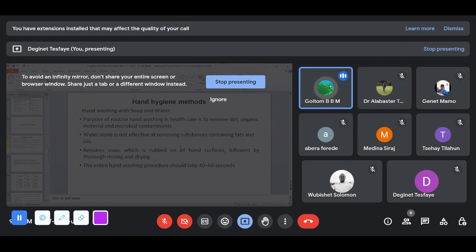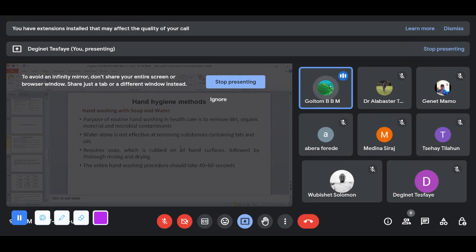It requires soap, which is rubbed on all hand surfaces, followed by thorough rinsing and drying. The entire hand washing procedure should take 40 to 60 seconds.